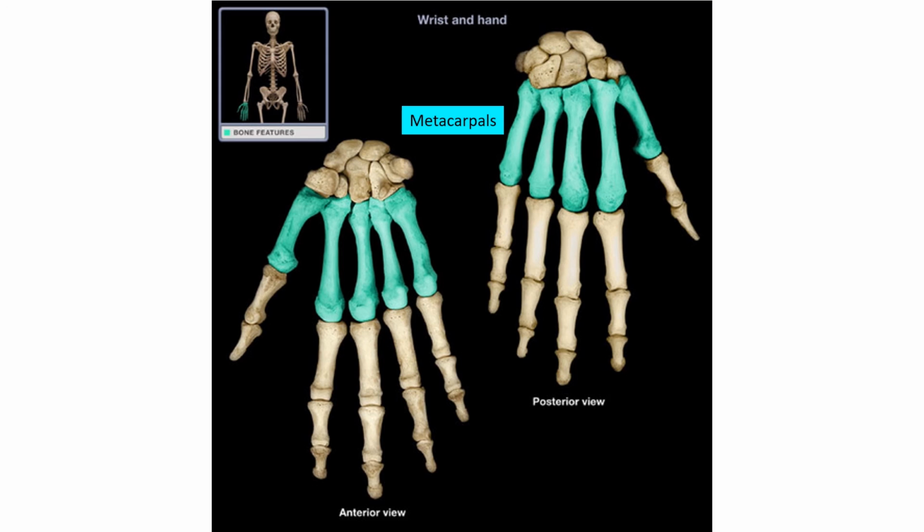These green marked bones, there are 5, articulate with the wrist joint, the carpal bones, and they connect the carpal bones with the fingers. These are called the metacarpals. They are long bones. There are no special features for these bones except proximal end, shaft, and distal end.